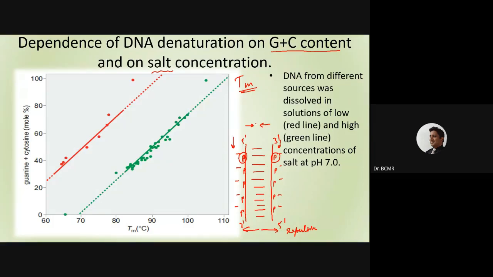I have described the attractive forces between them are the hydrogen bonds. The repulsive forces are the negativity between the phosphate atoms on the phosphate backbones of the two strands. So if I reduce the negativity of these phosphate backbones, what do you expect? Do you expect an increase in melting temperature or a decrease in melting temperature? Anybody?